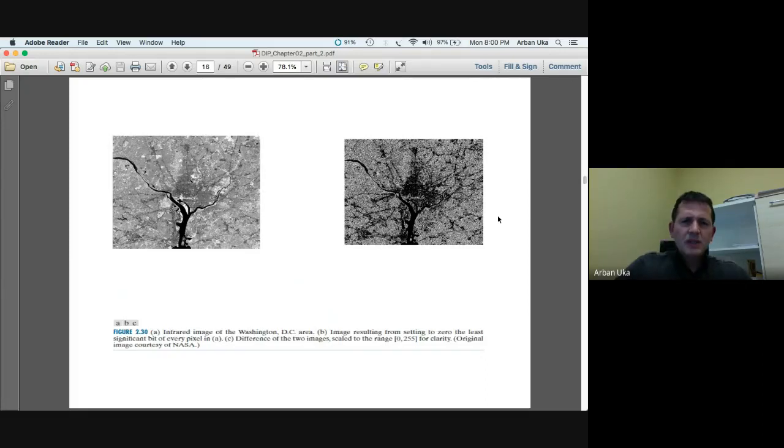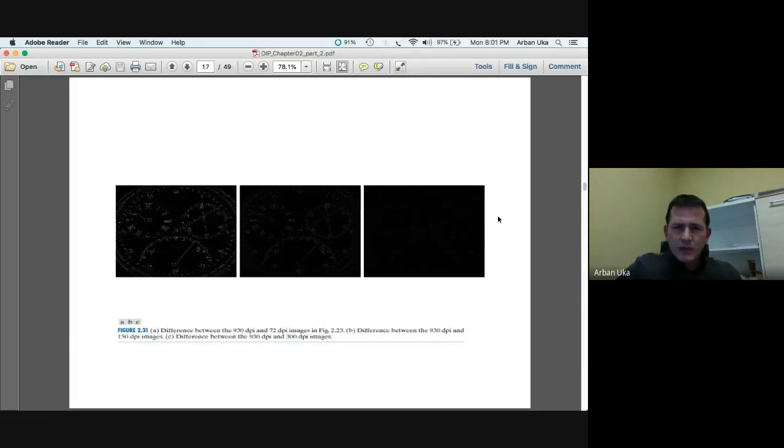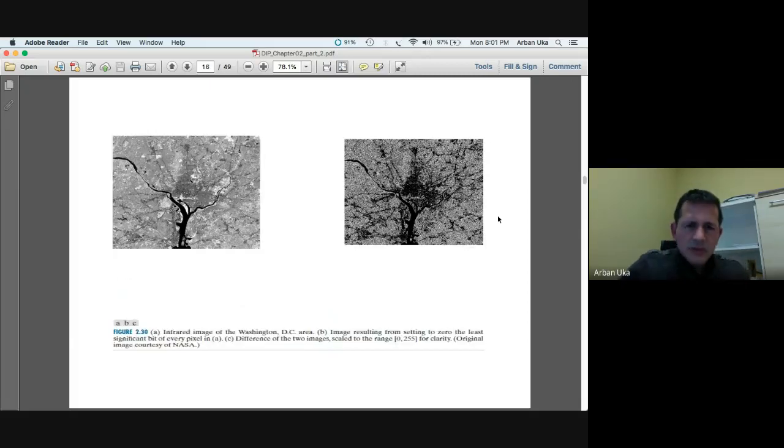Now, let's continue. Here we see an image. We have a pair of images where we want to distinguish key elements. In order to do that, we can take the difference between these two. Here we have an example.